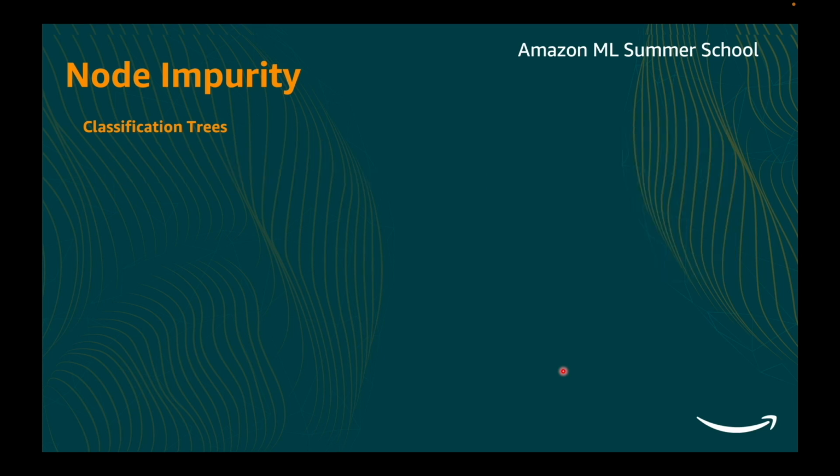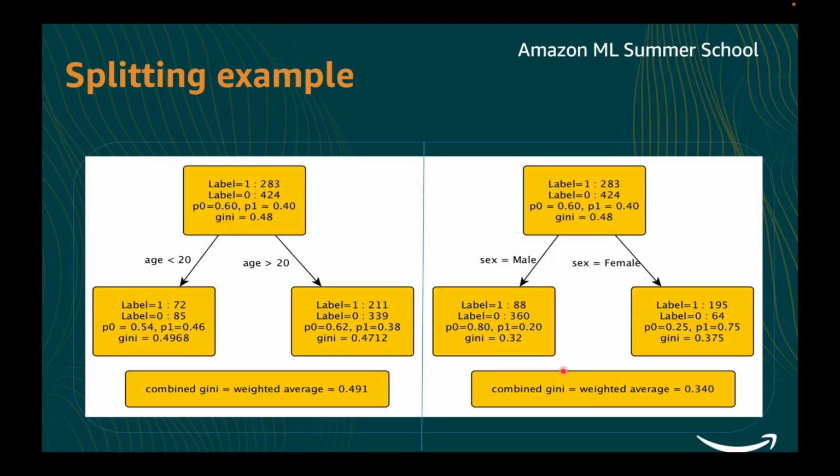To go back to the example, in this tree the fraction of examples falling into class number 0 is 64 divided by 64 plus 195. We square that, and then we take the fraction of examples falling into class number 1, which is 195 divided by 64 plus 195, and square that.